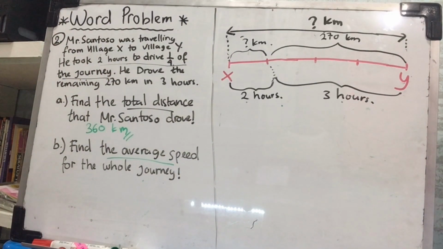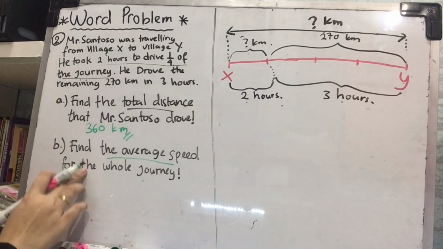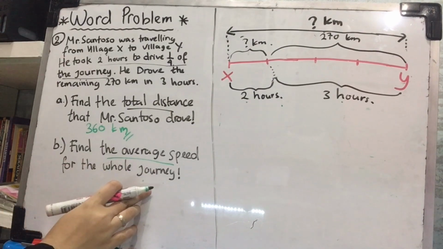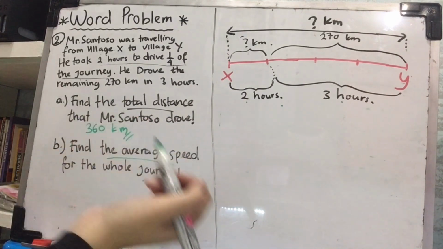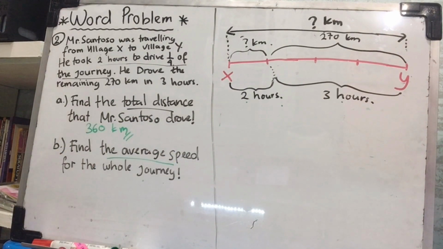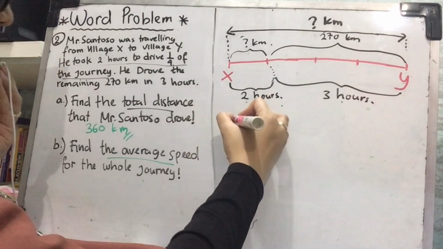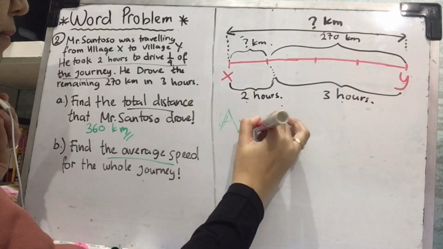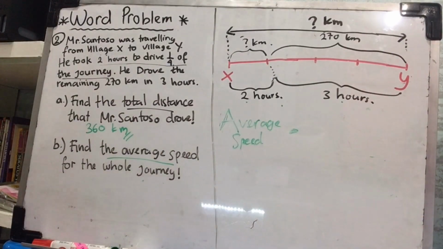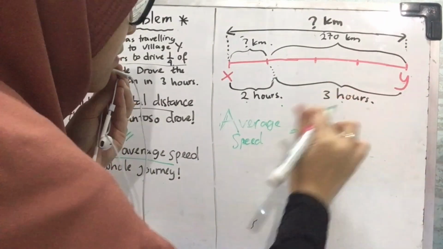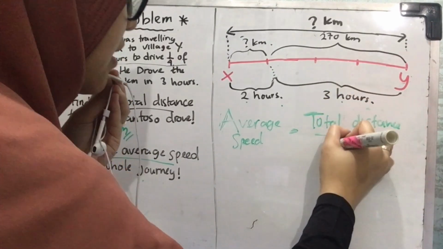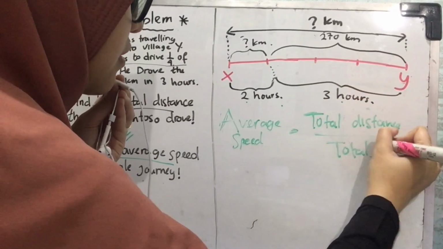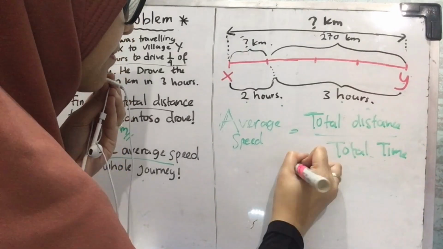Okay, we have solved the first problem. Next, the question part B: find the average speed for the whole journey. As we know, the way to find the average speed is the total distance traveled divided by the total time taken.